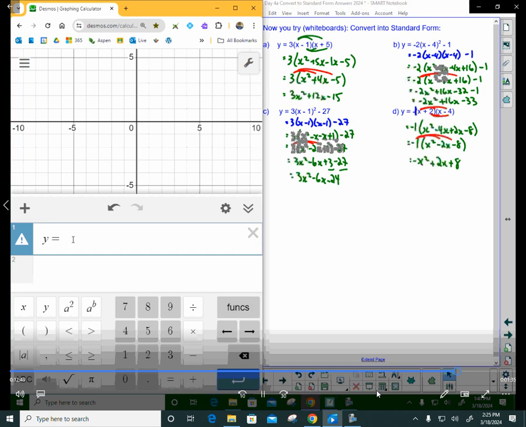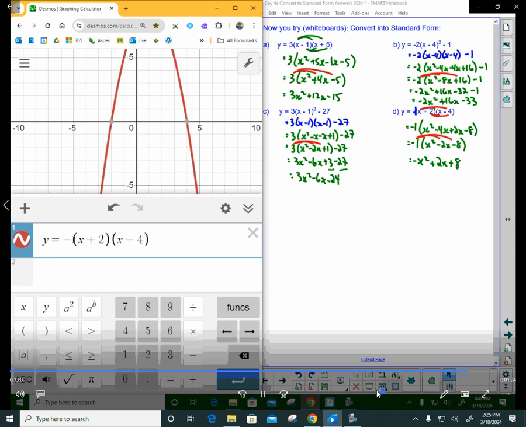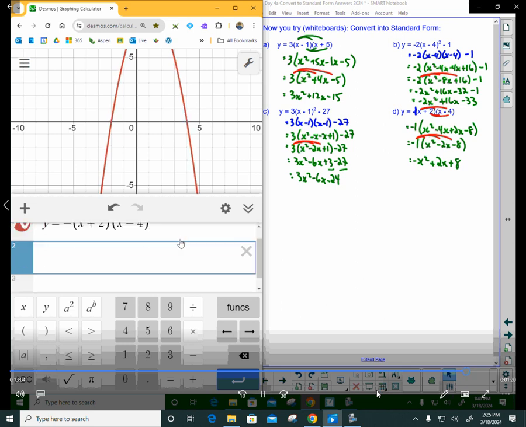So that was negative bracket x plus 2 times, another bracket, x minus 4. So you see there's the parabola up there. That's what the question was. Now I want to check and see if my answer gets me the same parabola.